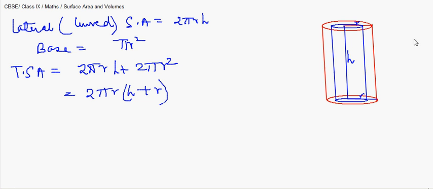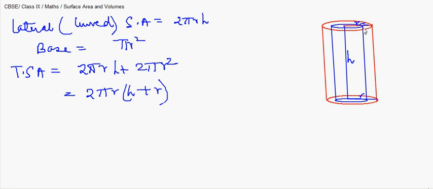In that case, if it is a hollow cylinder, obviously the formula will change. Each base area will be the area of this whole outside circle minus the area of this inside circle. That will give us the area of this portion. That is the area of the base.